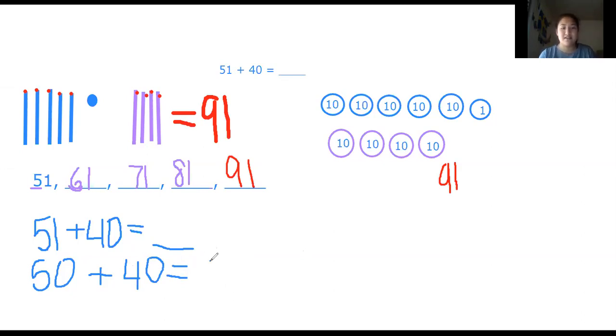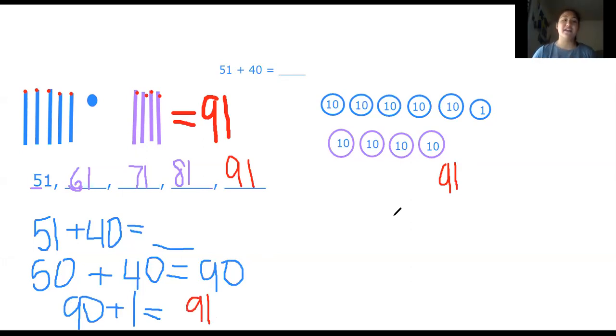Then we can't forget about our ones. So we got the answer of 90. Then we need to add our 1 to it. And we get an answer of, you guessed it, 91.